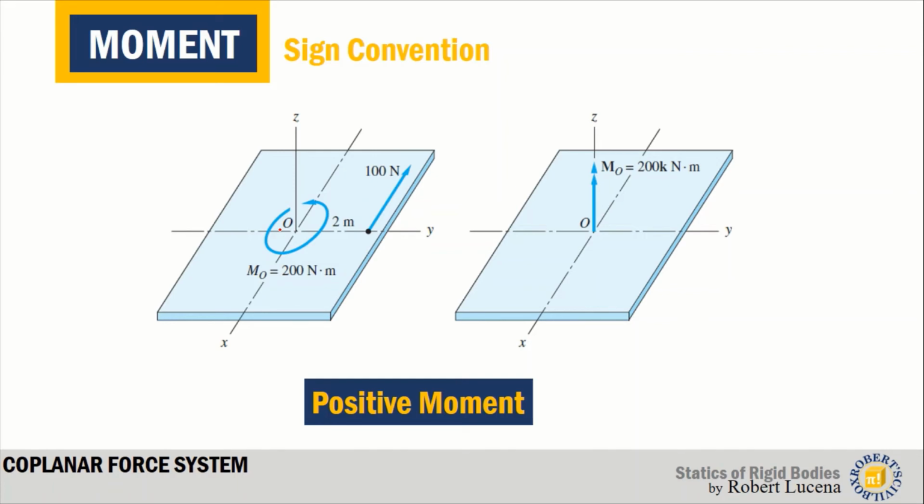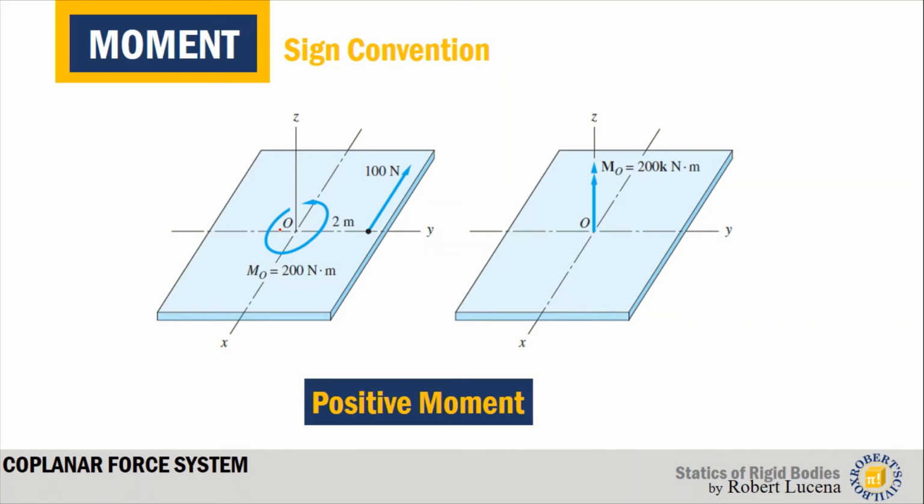So if you try to align your right hand to the z-axis, with your thumb pointing upward along the positive direction of the z-axis, your other fingers are in the direction of the positive orientation, that is counterclockwise. That's why a force that causes counterclockwise rotation about a point is a positive moment.